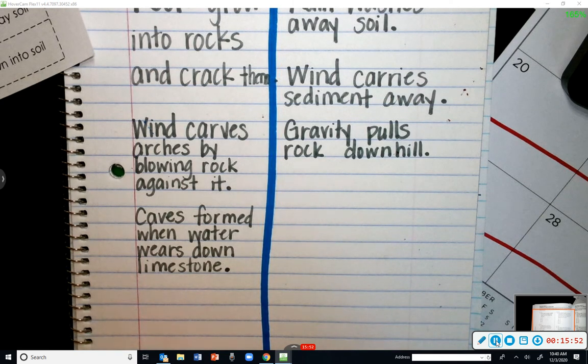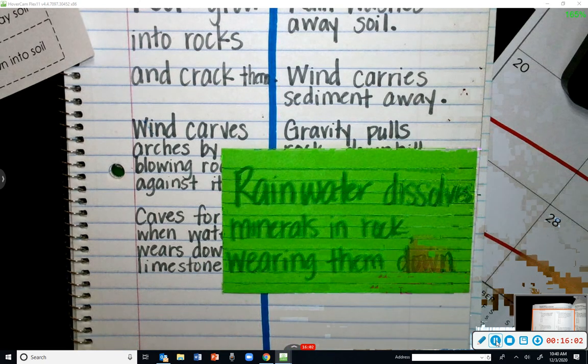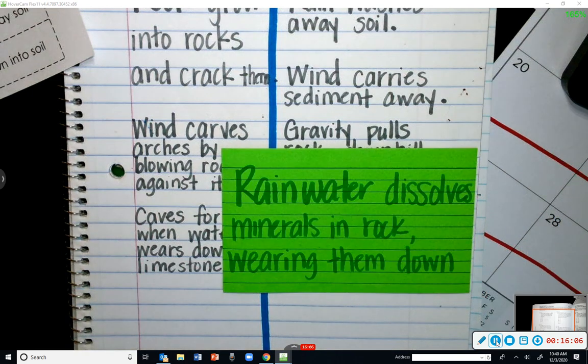Okay, we've got about four more. Rainwater dissolves minerals in rock, wearing them down. Okay, so what is our answer if it's wearing down the rock?